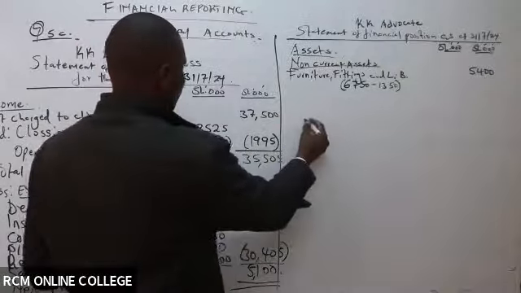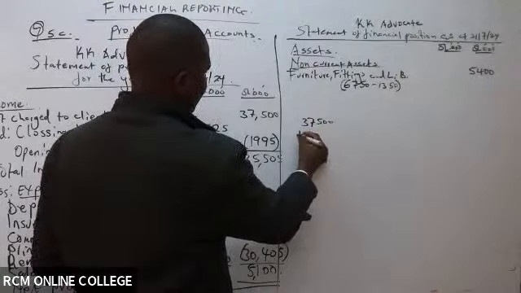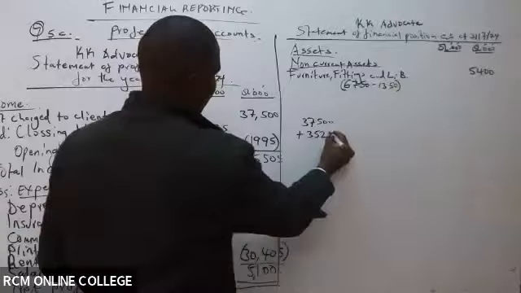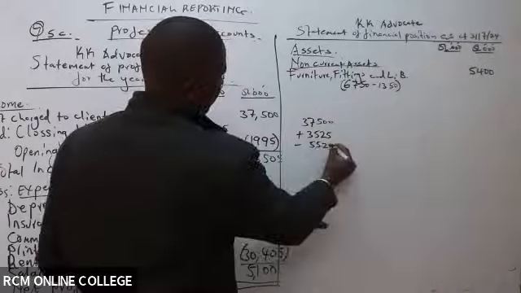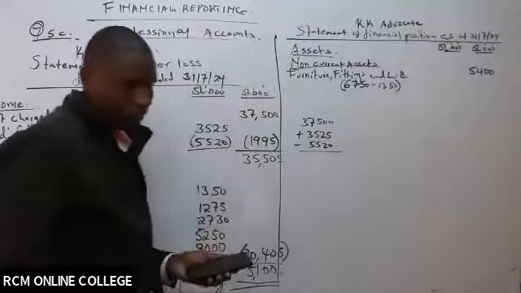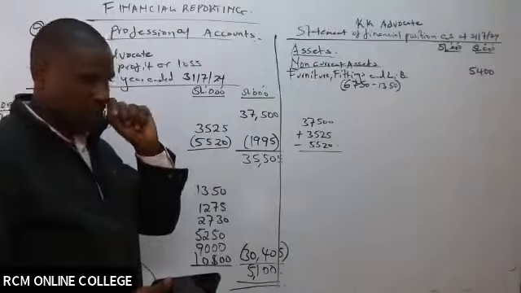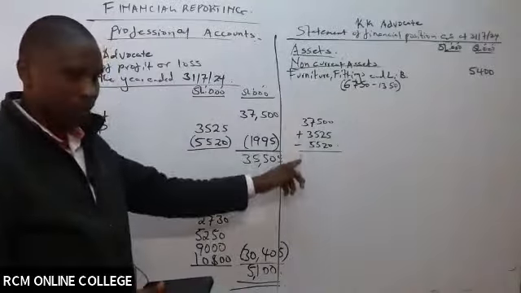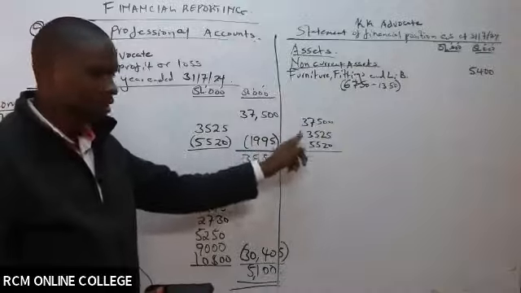It is the same way as saying 37,500 plus 3525 minus 5520. Dorcas, try that. It will give you this.